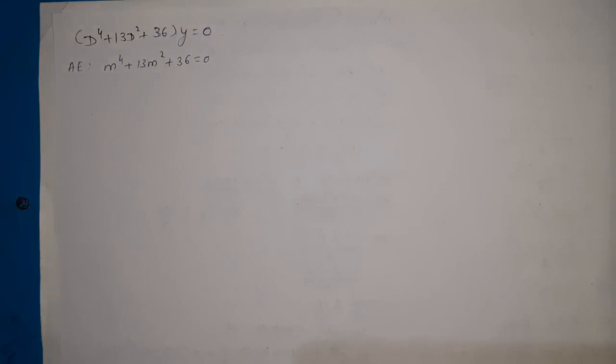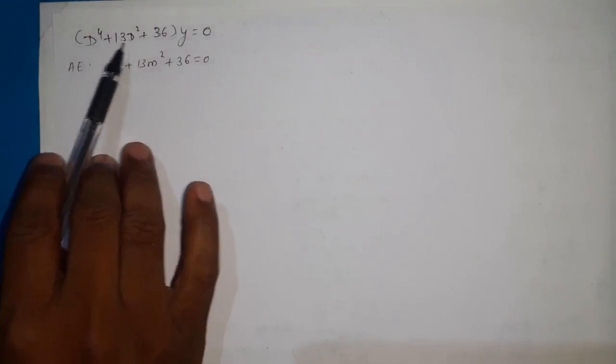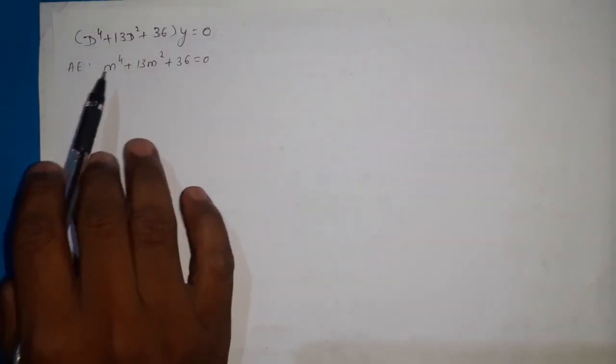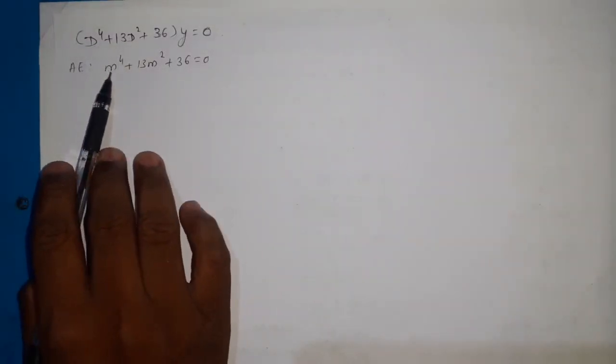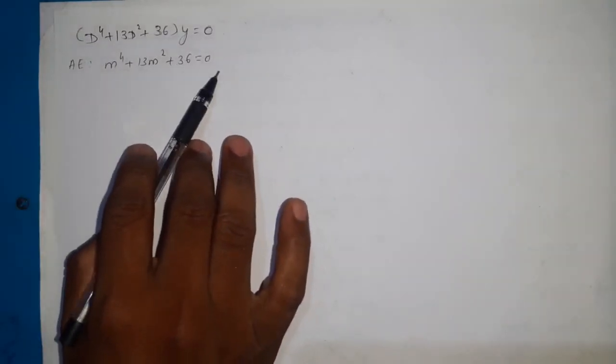The next example is D power 4 plus 13 D square plus 36 into y is equal to 0. So, it is in the symbolic form of the differential equation. Now, the auxiliary equation is given by m power 4 plus 13 m square plus 36 equal to 0.